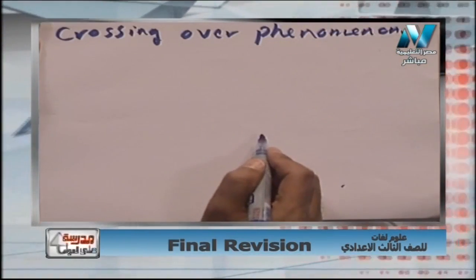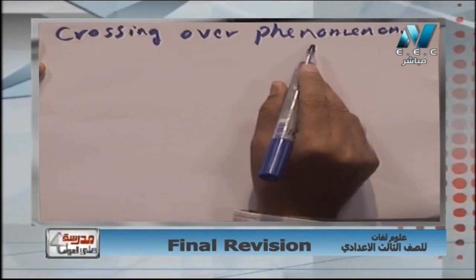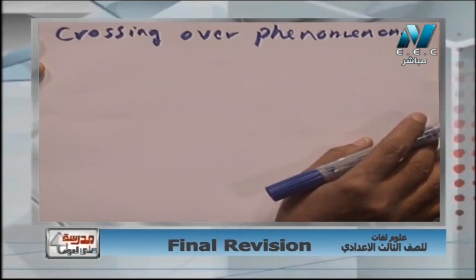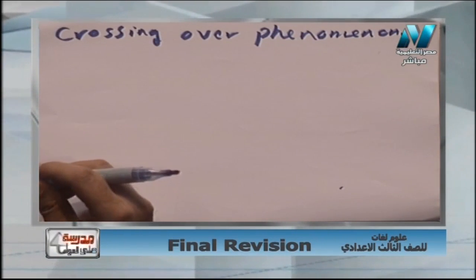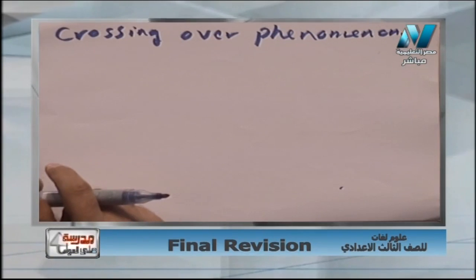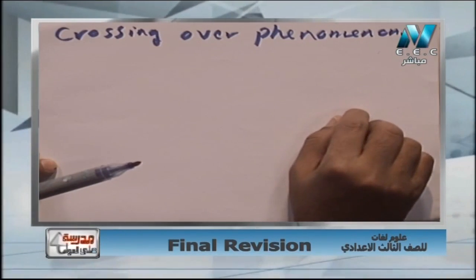This is the reason of genetic variation. So if he asks me about the importance of crossing over phenomenon, it causes genetic variation. It makes you not similar to your twins 100%. It makes you different from him.